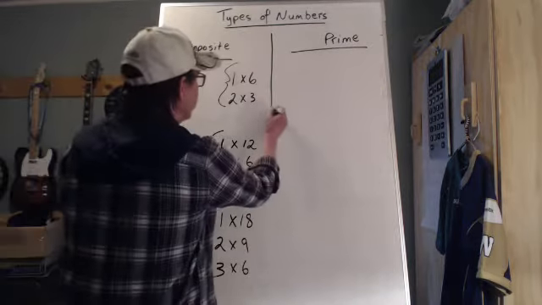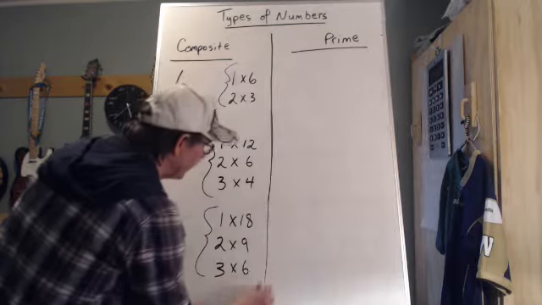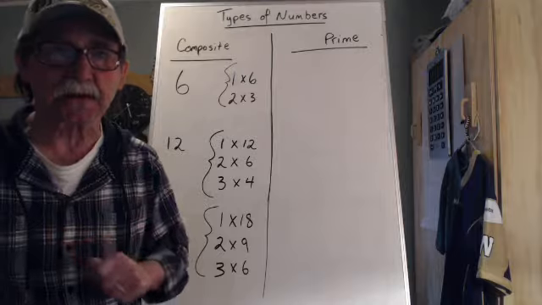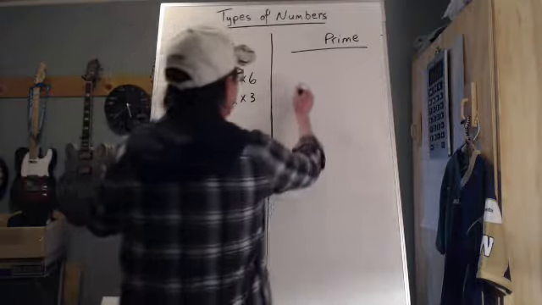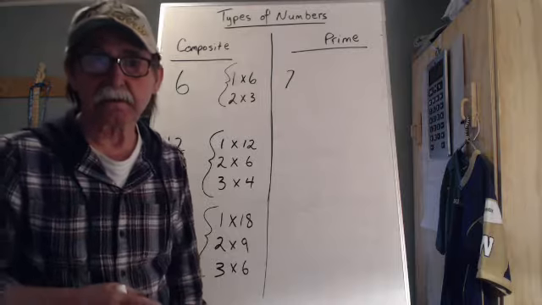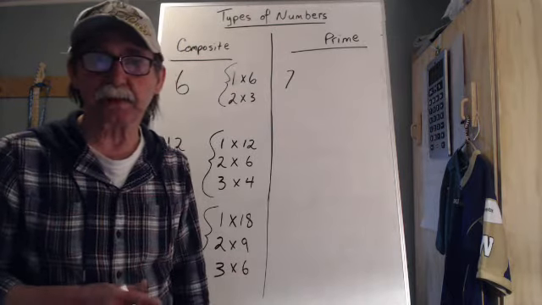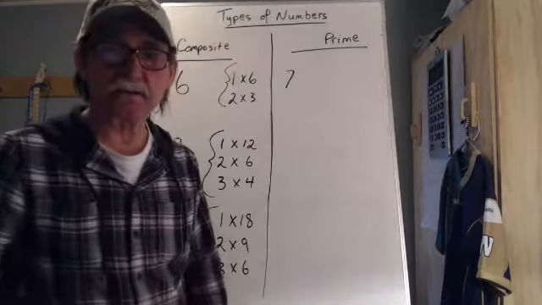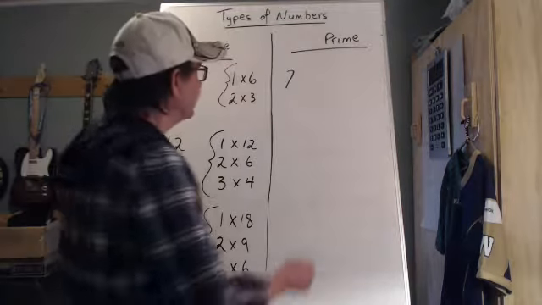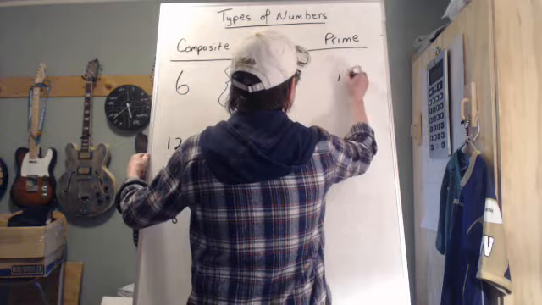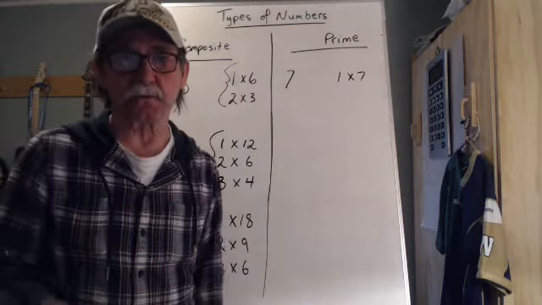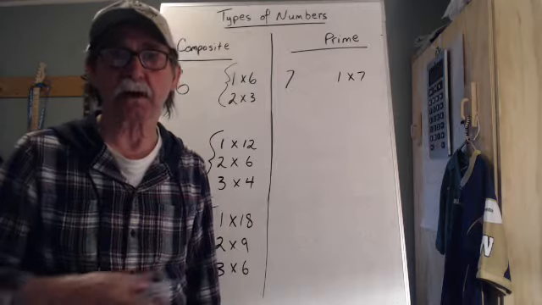On the other hand, we have something that are called prime numbers, and I'll give you some examples of them. 7, that's a prime number, and I'll tell you why. Because it's only got one pair of factors, and that is 1 times 7. That's it. It's the only choice. 1 times 7.